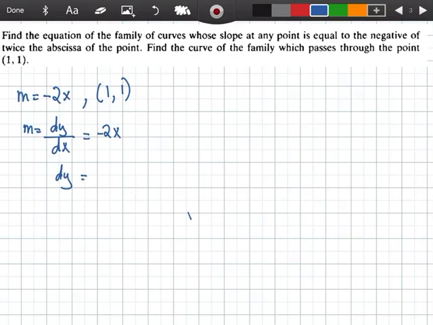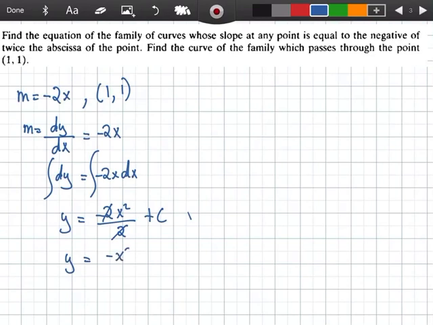So, dy equals negative 2x dx. And then, we integrate on both sides of the equation. It will become y is equal to what? Y is equal to negative 2x squared over 2 plus the constant of integration c. The 2 will cancel. Y is equal to negative x squared plus c.